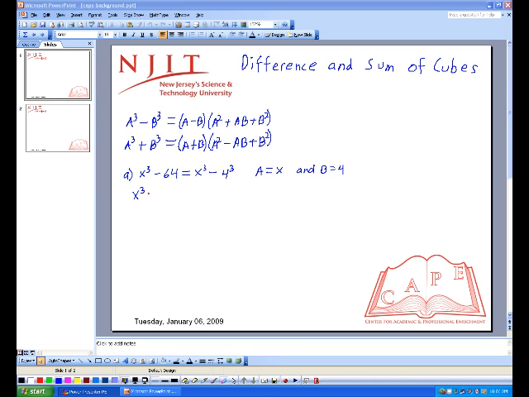X cubed minus 64 is going to equal a minus b, so x minus 4, times a squared, x squared, plus ab, 4x, plus b squared, 4 squared, which is 16. And that's going to be the difference of cubes.